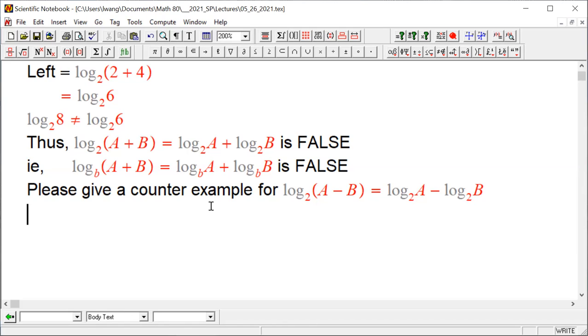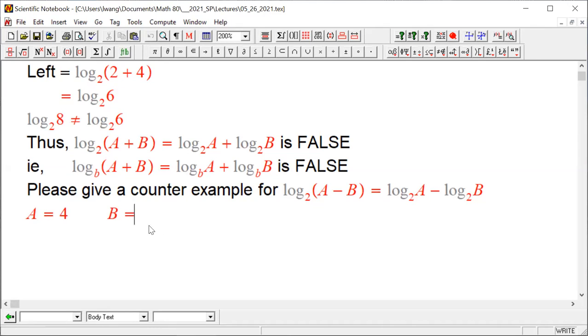Marcelo, do you have a counterexample for this latter statement? What A you will set up to be, and what B you're going to set up to be, and you're going to make the case that it is a false statement. Ellen, do you have one?